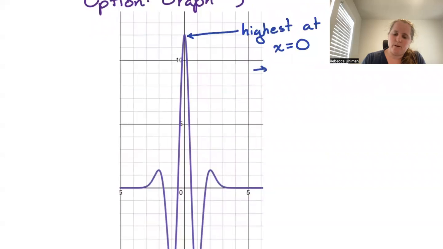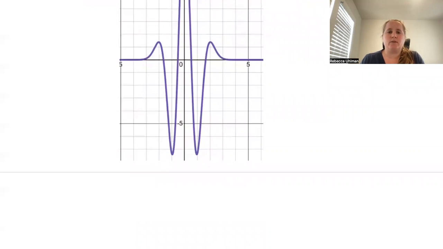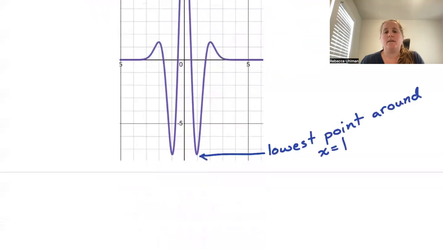At that point, we have f of 0 is 12. The lowest point is somewhere around x equals 1, and that value is higher than -8.